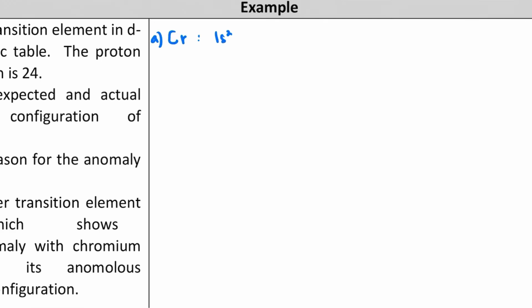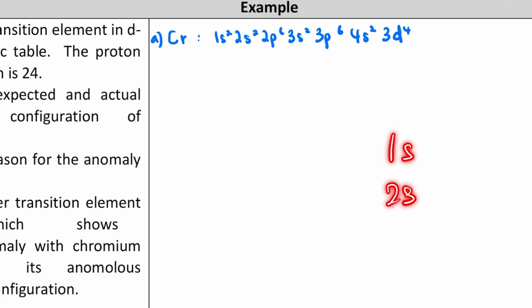Okay, chromium 1s2, 2s2, 2p6, 3s2, 3p6, 4s2, 3d4. Okay, how do I know this? Because I have memorised it.